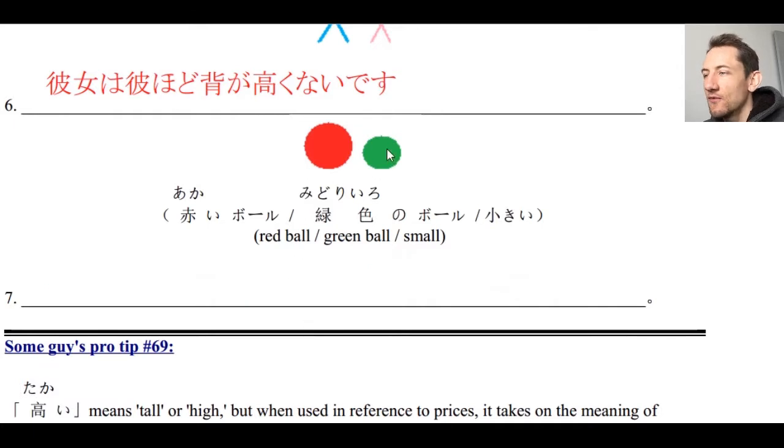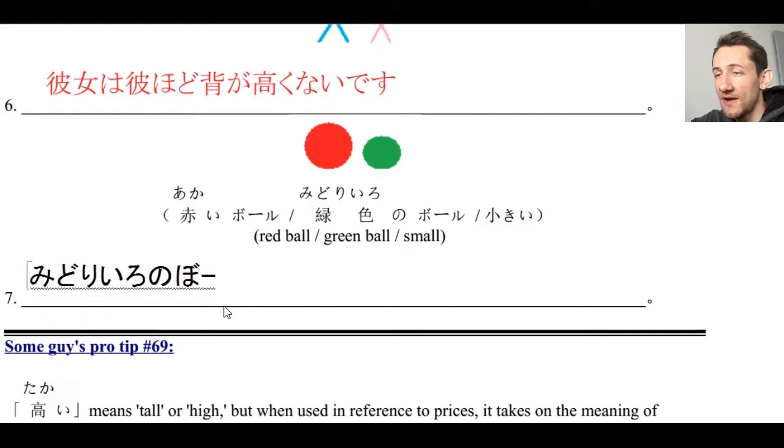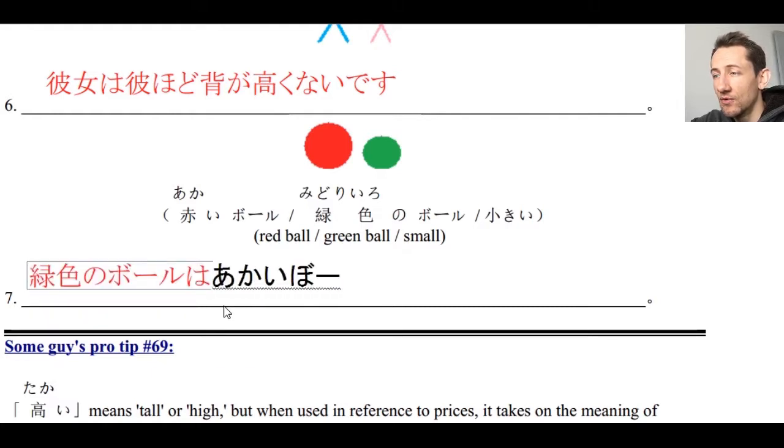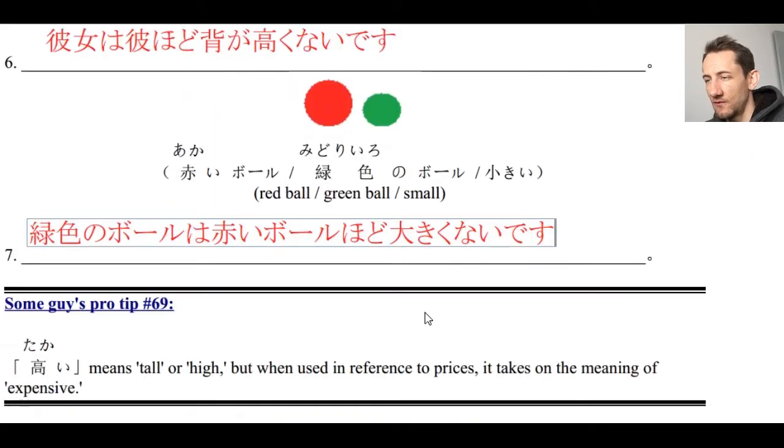If we wanted to say the green ball is not as big as the red ball, what could we say? 緑色のボールは赤いボールほど大きくないです。Right? The green ball is not as big as the red ball. There's a little pop quiz for the both of us.